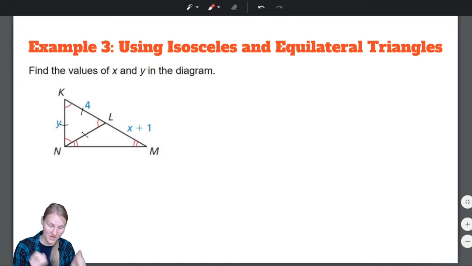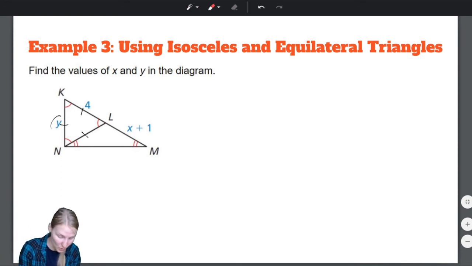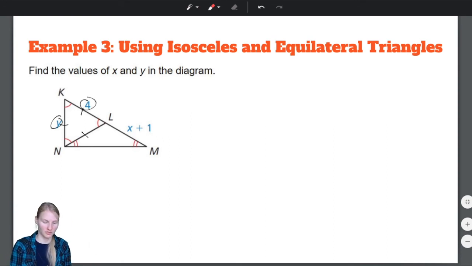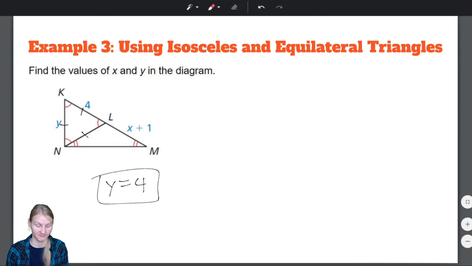Because, remember, all the angles are the same, all the sides are the same. So that means that y has to be the same as 4. So right off the bat, I know y equals 4. Y equals 4.